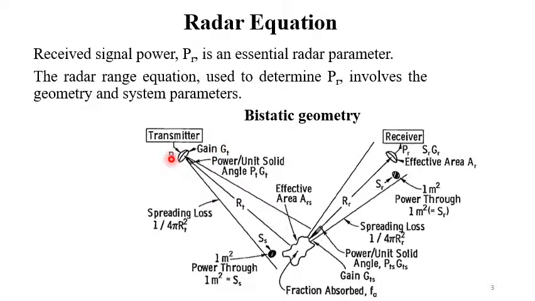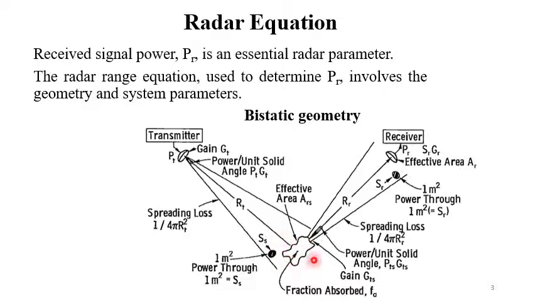Now if the transmitted power is PT, then the power per unit solid angle can be written as PT into GT, the transmitted power multiplied by the gain. Now this RT is the distance between the transmitter section of the radar and the target.